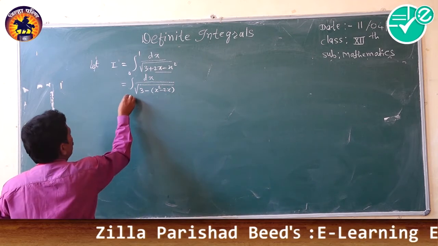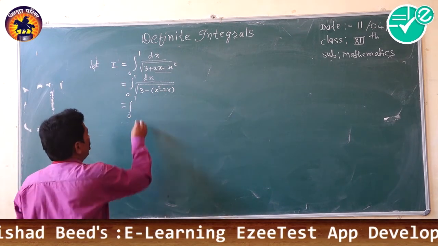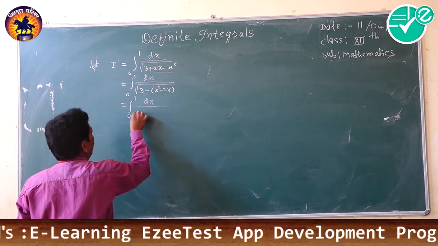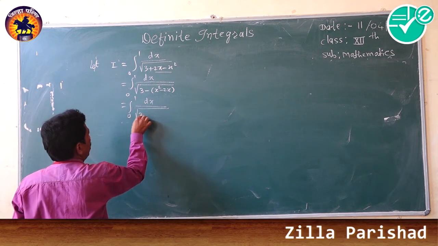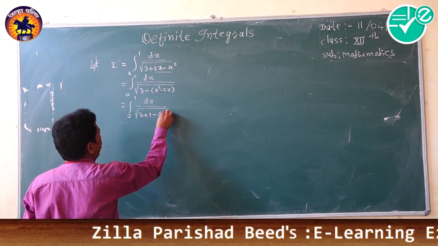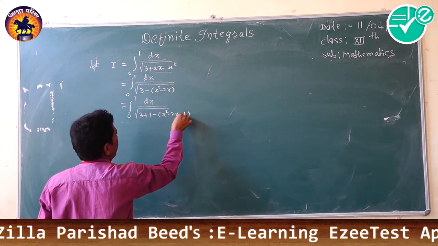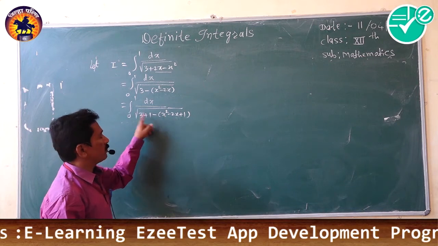Now this is equal to integration from 0 to 1 dx by under root of, taking here 3 plus 1 minus 1, that is x square minus 2x plus 1.